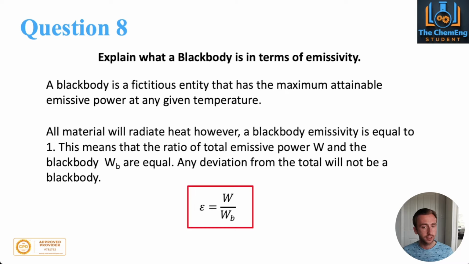Now it is fictitious because there will be some loss, there will be some resistance, there will be some absorption of the heat itself. It will not radiate 100% of the maximum attainable emissive power. But by explaining and using these key words and even presenting this equation will cement your understanding of black body radiation.